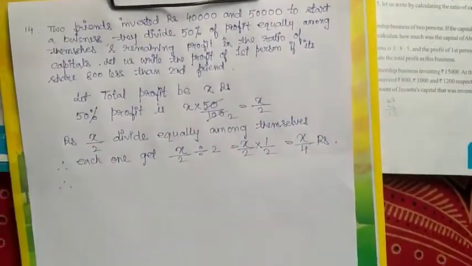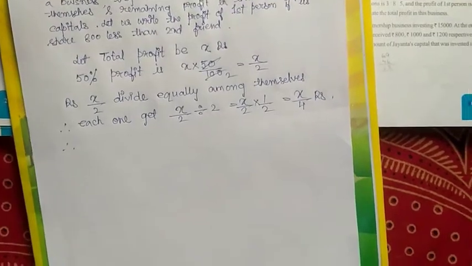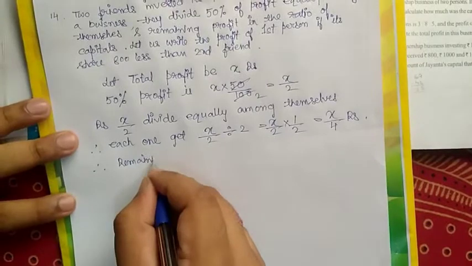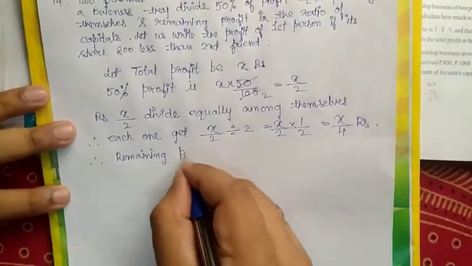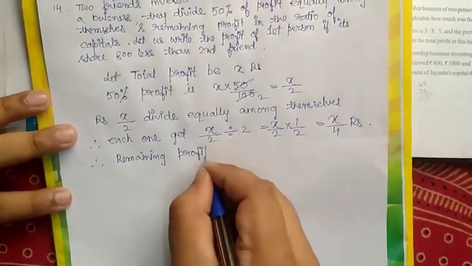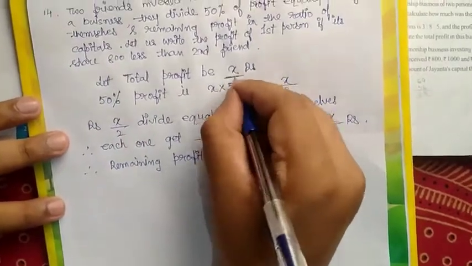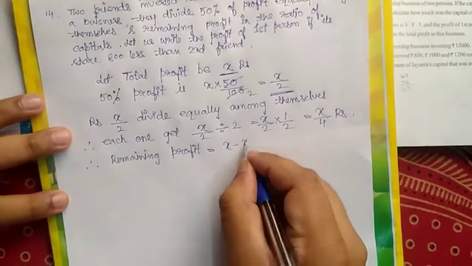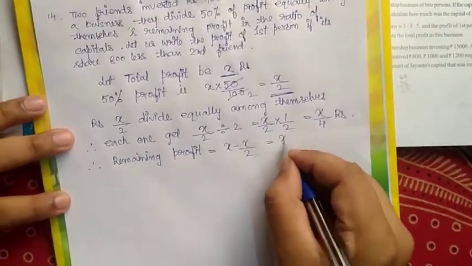So therefore, the remaining profit: total profit is x, 50% of the profit is x by 2, so the remaining profit should be x minus x by 2 equal to x by 2 rupees.